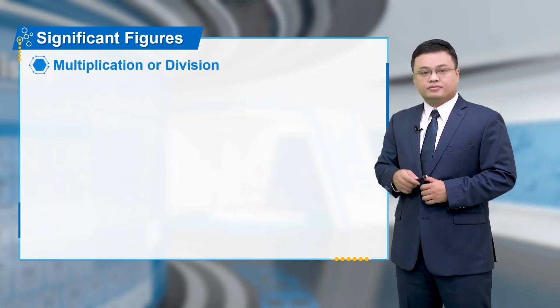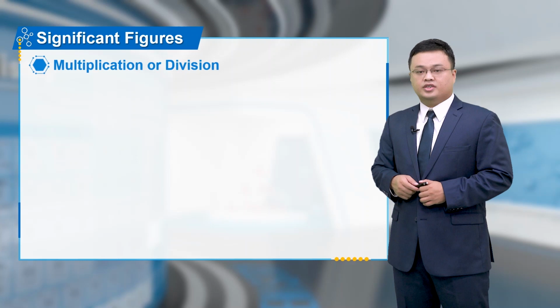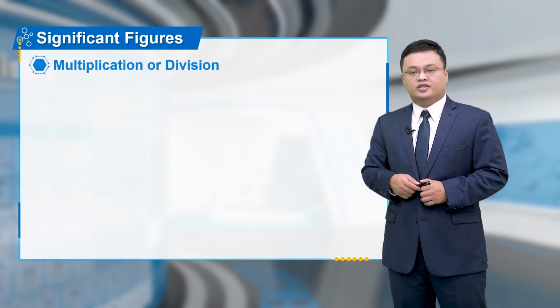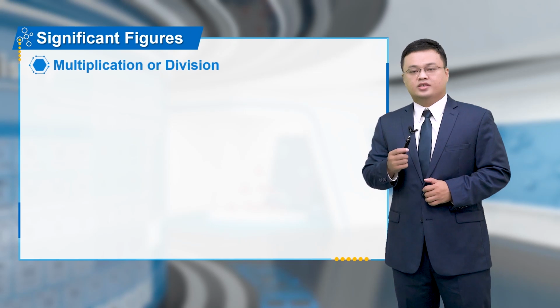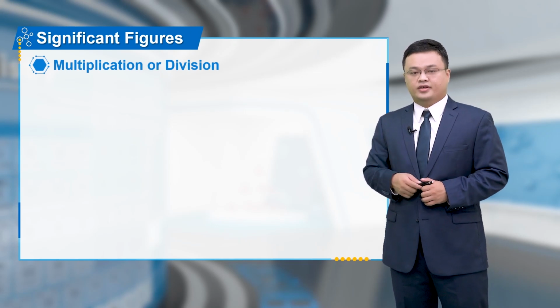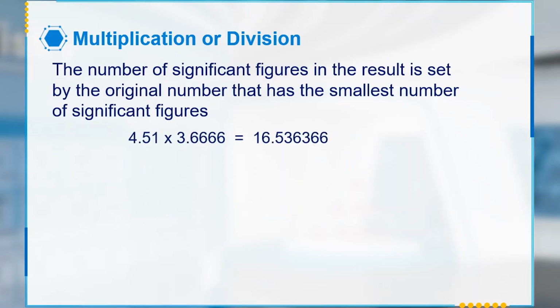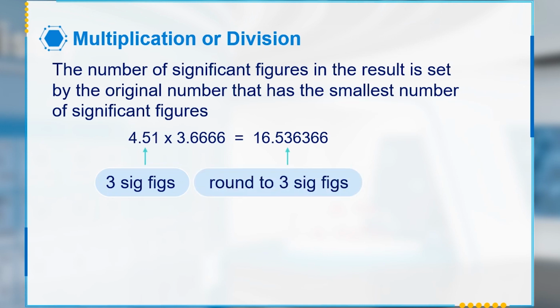For multiplication or division, the number of significant figures in the result is set by the original number that has the smallest number of significant figures. 4.51 times 3.6666. There are three significant figures for 4.51, so the answer has to be three significant figures, 16.5.